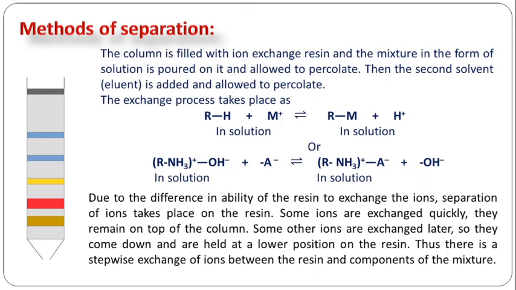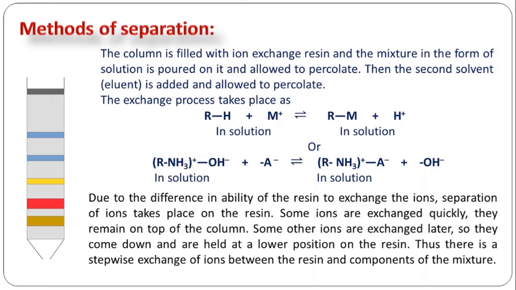Some ions are exchanged quickly and remain on the top. Whatever ions get exchanged quickly, this M plus forms a bond with the resin, so they remain on the top of the column.